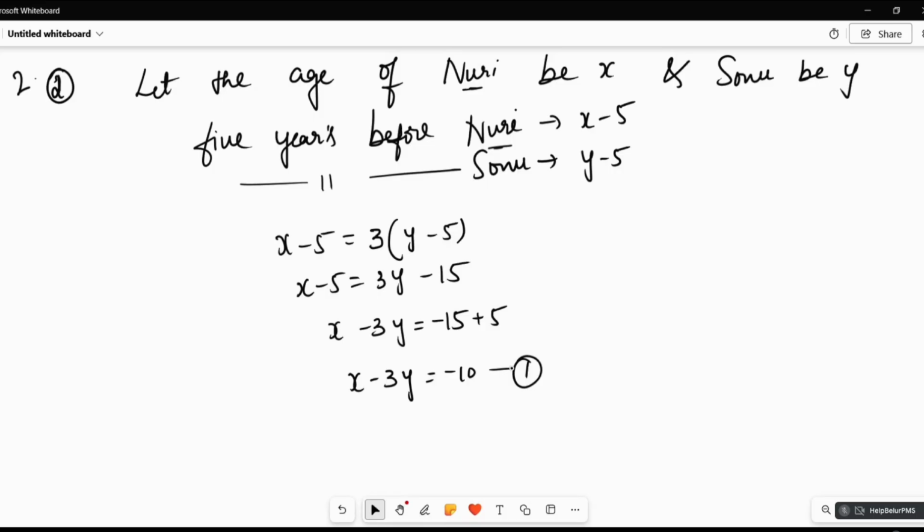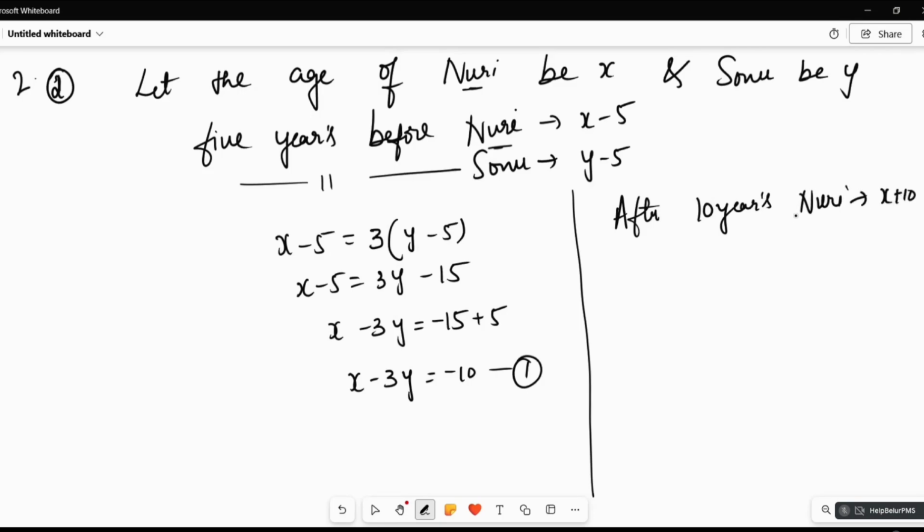10 years later, after 10 years. So Noori's age will be x plus 10. Sonu's age will be y plus 10. Noori will be twice as old as Sonu. So x plus 10 will be equal to 2 times of y plus 10.